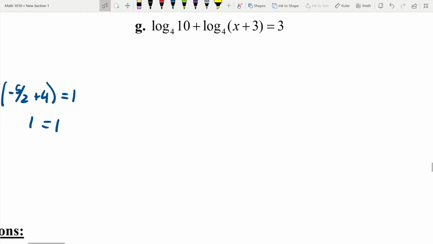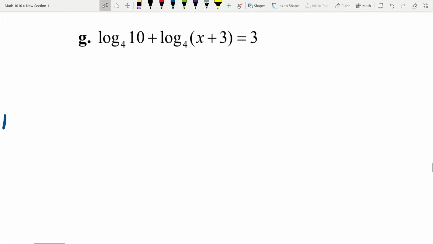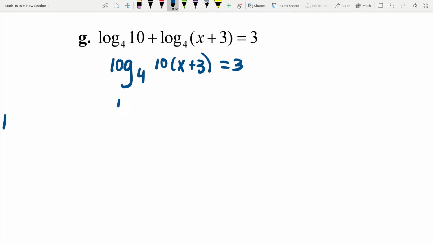Okay, question G. Condense. So this is going to be log base 4 of 10 times x plus 3 is equal to 3. So I squished them together and they're multiplied. Now I'm going to convert it. So it's 4 to the third is equal to 10 times x plus 3. You could have distributed the 10 clear up in the line above.